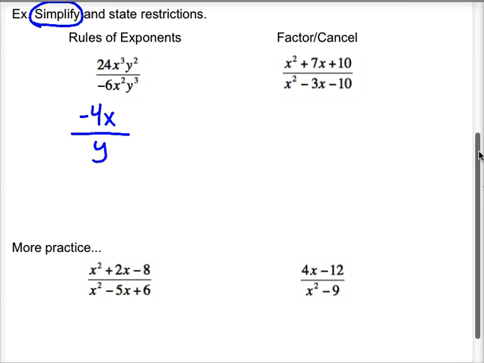Now, stating the restrictions, again, when it looks like this and you're just applying rules of exponents, is actually really easy. The restrictions are just that your variables can't be 0. Because if you think about it, if all you have is a chain of multiplication in the denominator, well, if you use 0, it's going to make the entire thing 0. End of story.